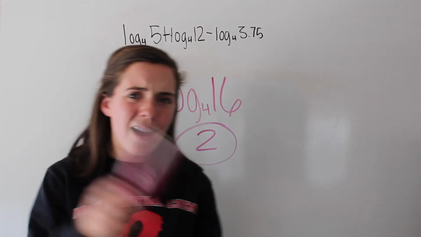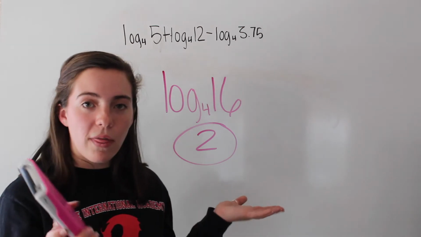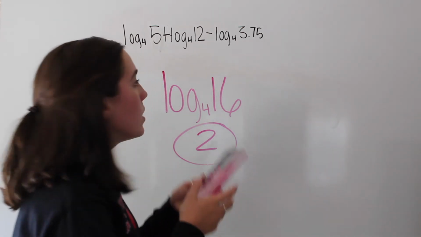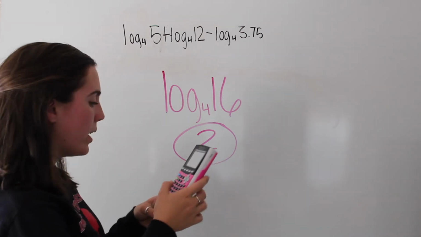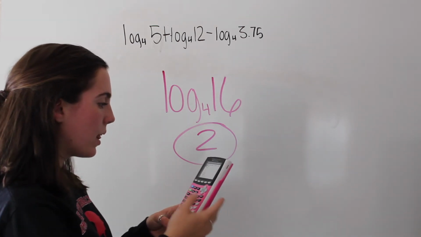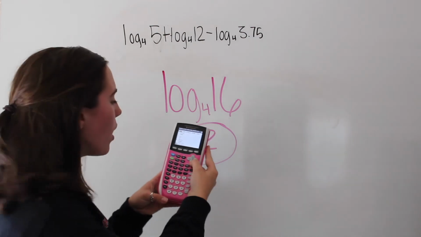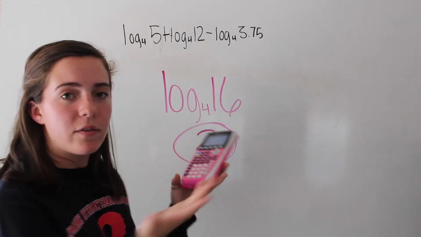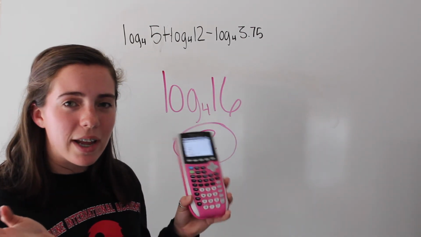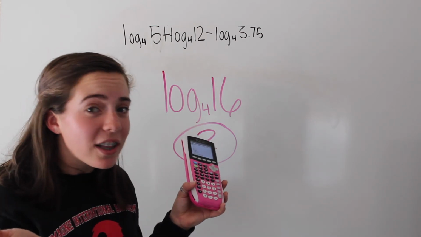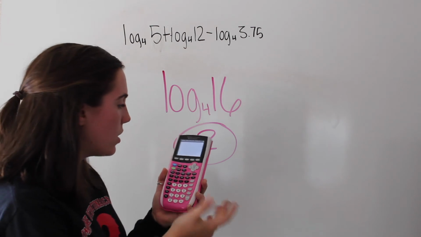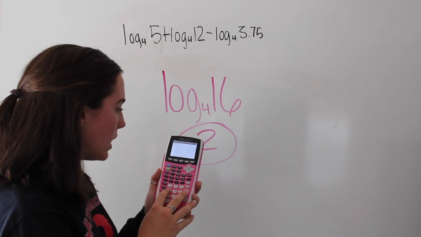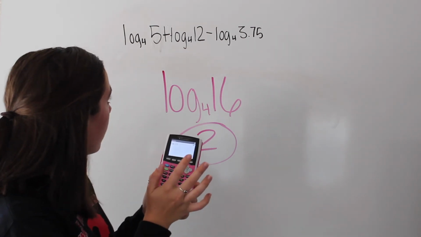Awesome. Now, let's double check the whole thing to make sure that we're right. So, we're going to take our calculators, if you have one, and we are going to go to Math, and you're going to scroll all the way down to A, if you have a TI 84, 83-ish graphing calculator. Awesome. And we have log base. So, I'm going to plug that in. That's log base 4 of 5.